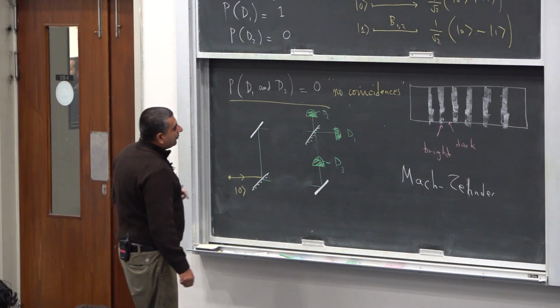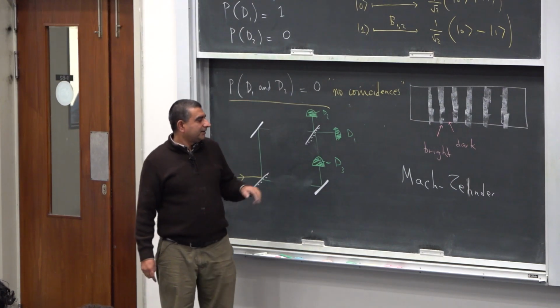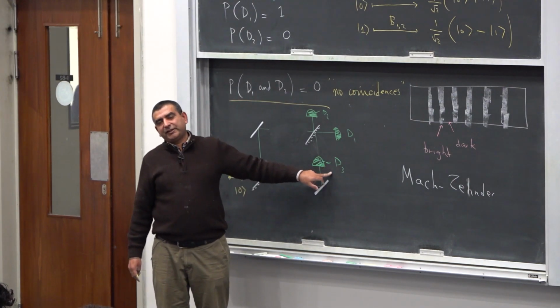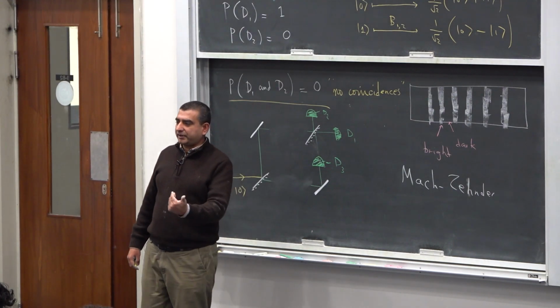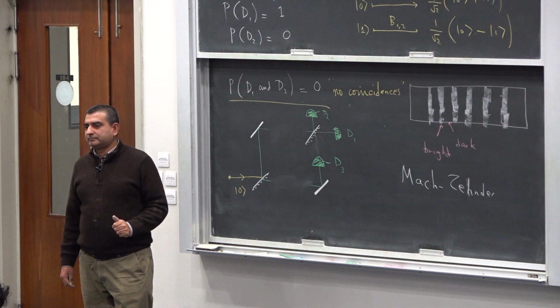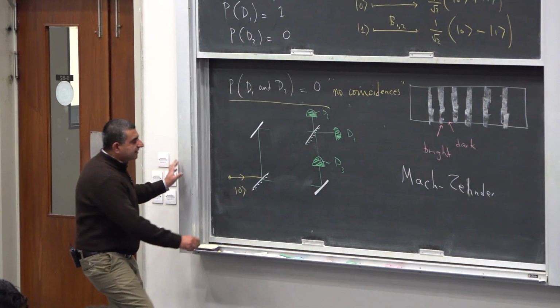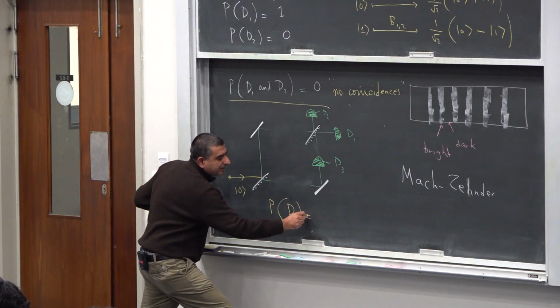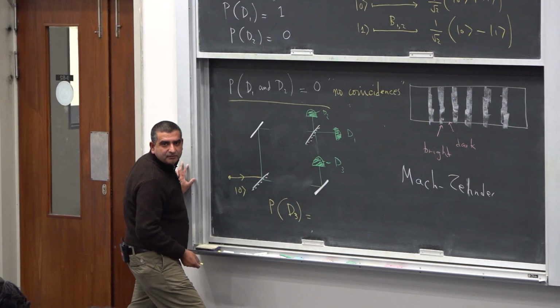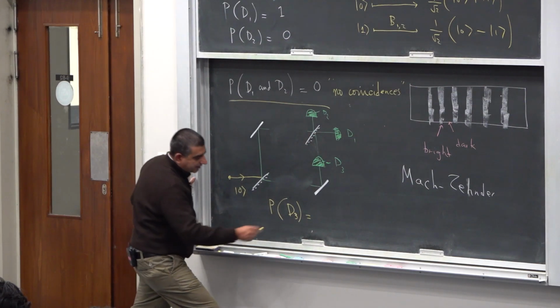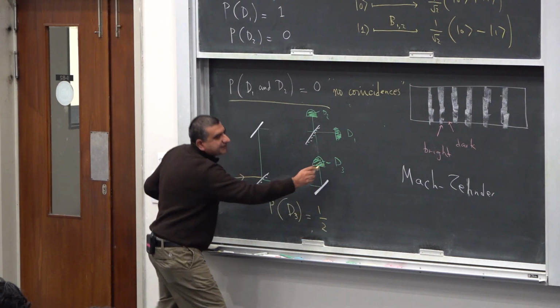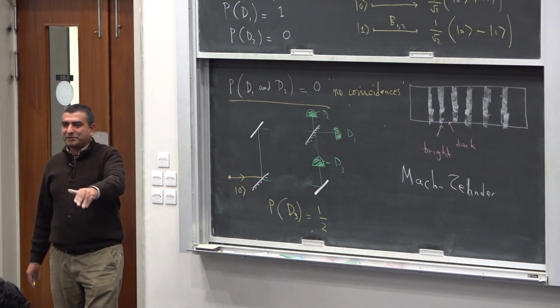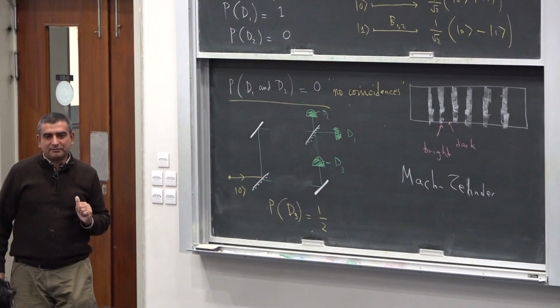The observation now is that, first of all, I'm going to tell you that this detector D3 is going to click. There's a probability associated with it, which, if you can make a guess, is 1/2. This detector is going to click with probability 1/2.